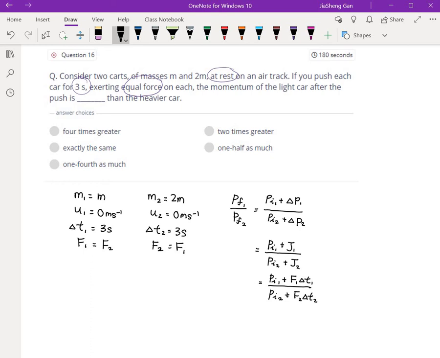If you see here, momentum initial for 1, is it the same as momentum initial for 2? They should be the same, because the initial momentum is m1u1 and m2u2. Both of them have 0 velocity at the start. Therefore, both of these cars have initial momentum of 0.